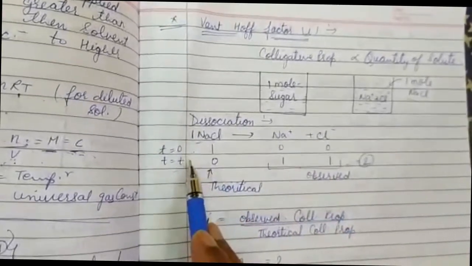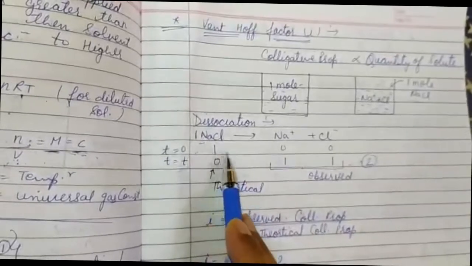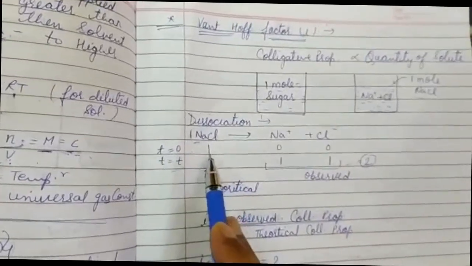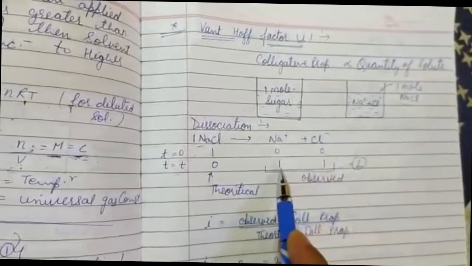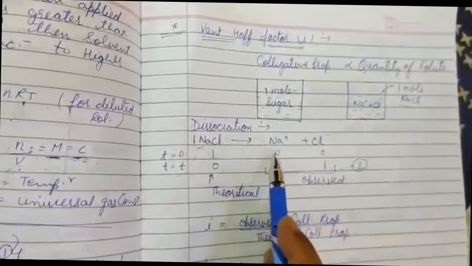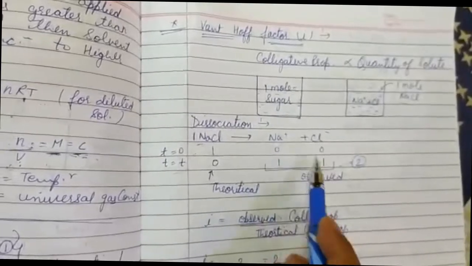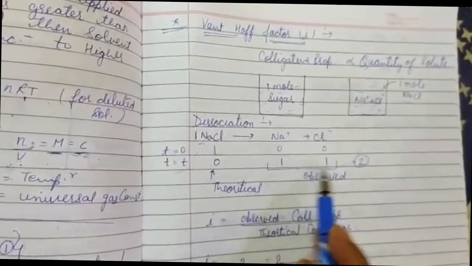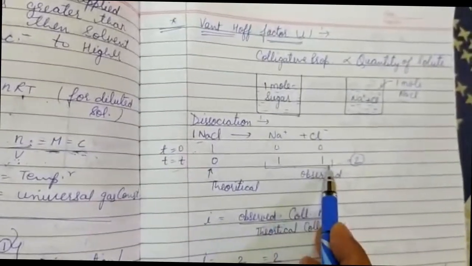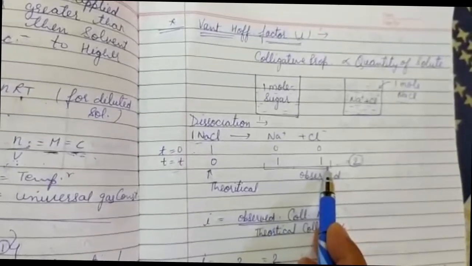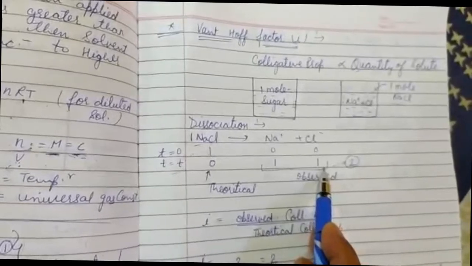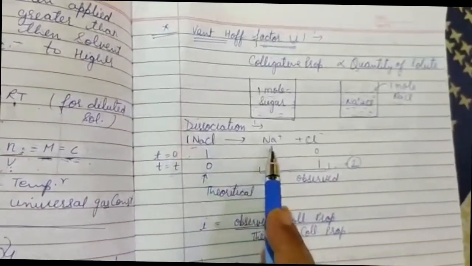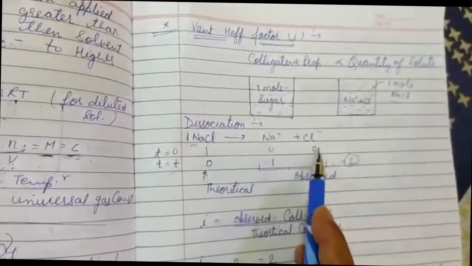So we were thinking that we have dissolved how many moles of NaCl? 1 mole. But after dissolving, how many moles are we observing? 1 plus 1, 1 mole of Na positive and 1 mole of Cl negative. Means the total number of moles, or the quantity of NaCl, has increased after dissolving in a solvent because it has dissociated.